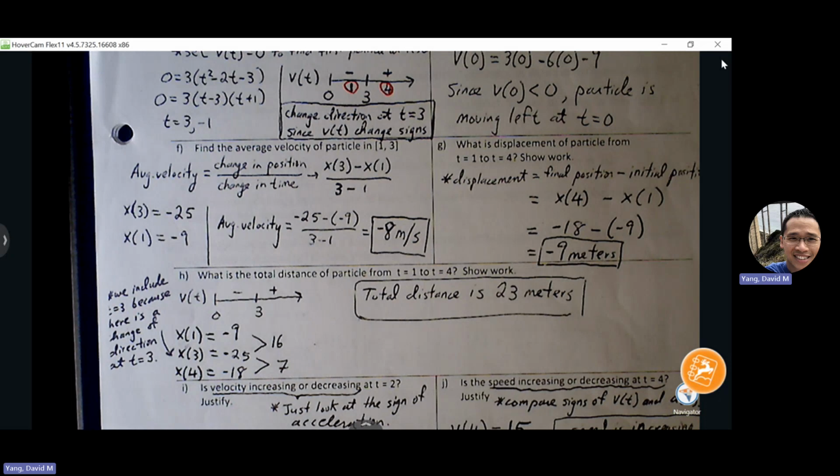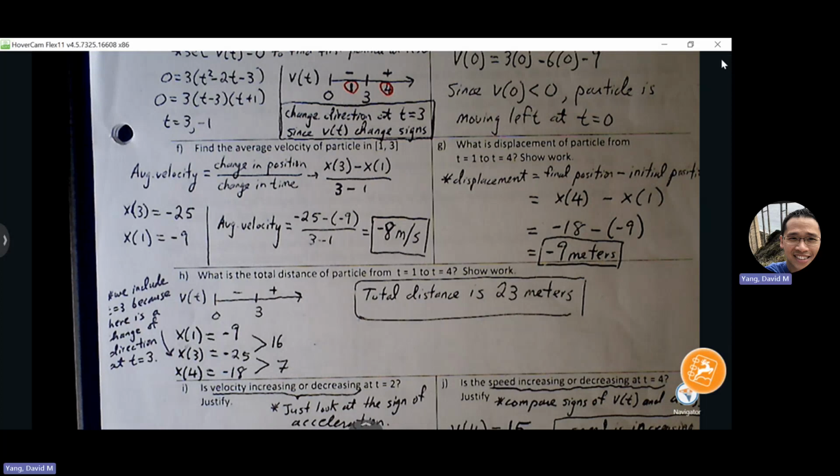So if there were two places where you change sign? Good. If you have two places where there's a change in sign, then you have to include those values as well. Let's say x of 2 and x of 3 both had changes in direction, then we have to test 2, 3, and 4, because there's more back and forth going on.